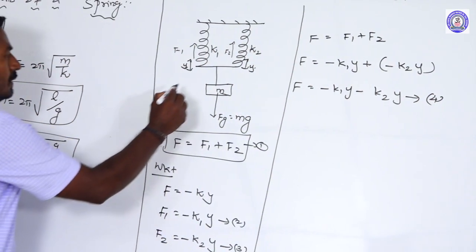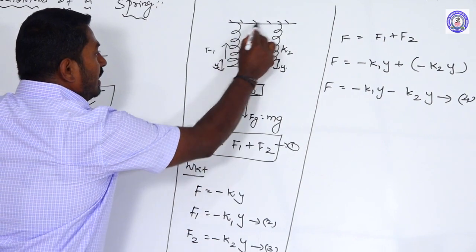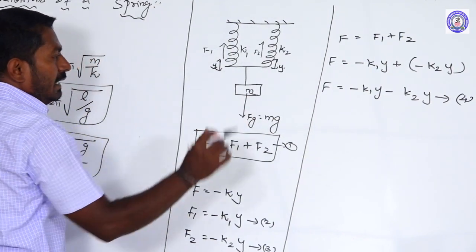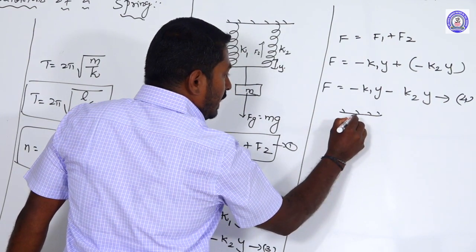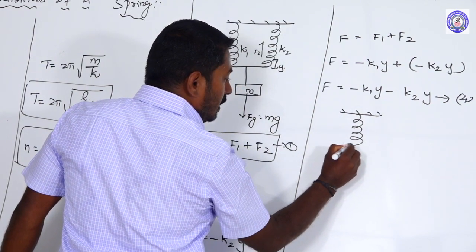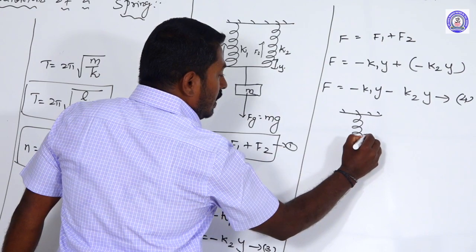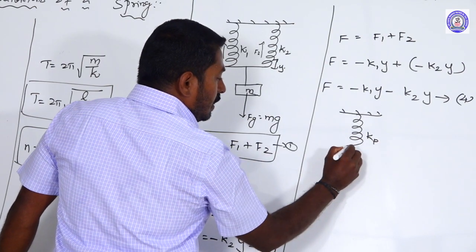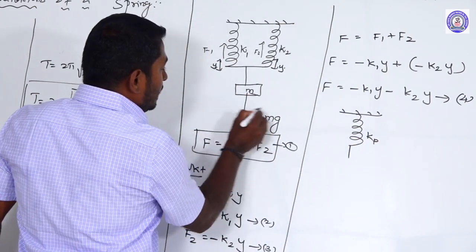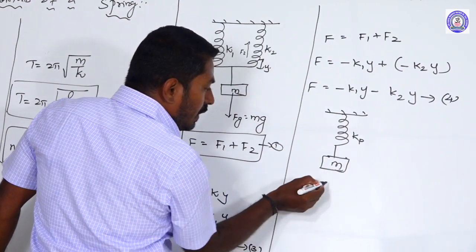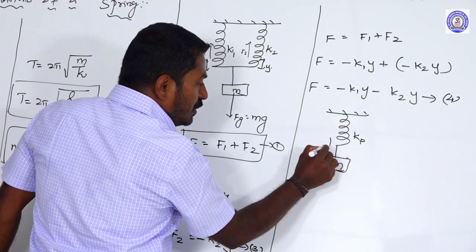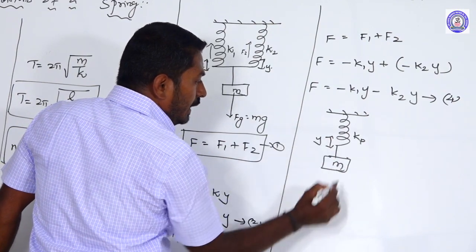Now both springs are removed and replaced by a single spring. One end is tied to the rigid support, and that spring has a spring constant Kp. The lower end of the spring is connected to the same load of mass m. After connecting the load, an extension is produced through a displacement y.